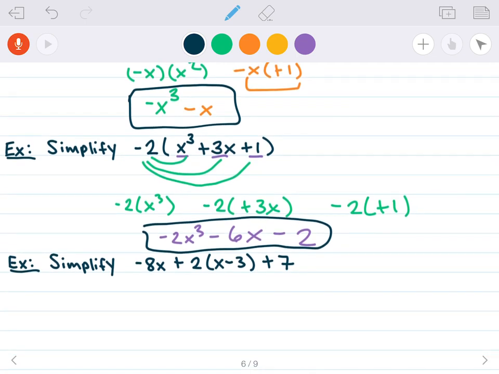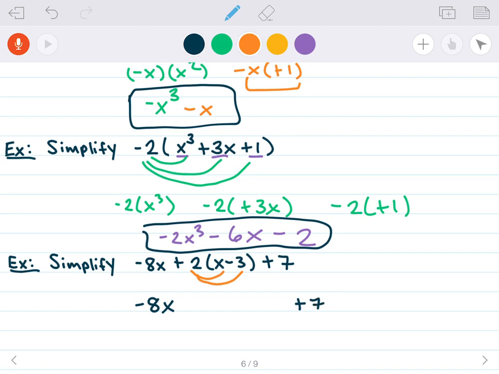Okay. All right, let's see. Where could we use the distributive property for this next example? Well, remember, whenever you see parentheses and there's a sign between a number or a variable and the parentheses, you can't distribute. But if there's no sign there, then you can distribute. So let's go ahead and do that. I'm going to carry everything else down as it is. This plus 7 can go down.